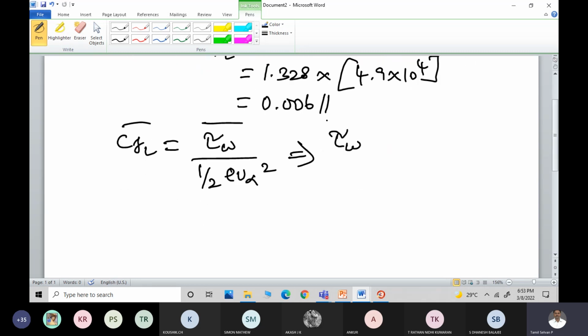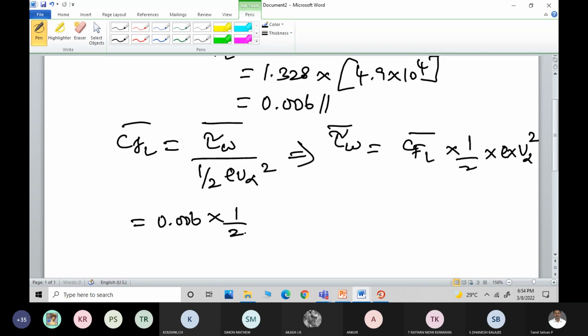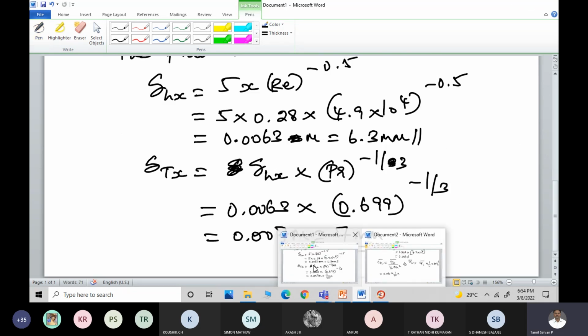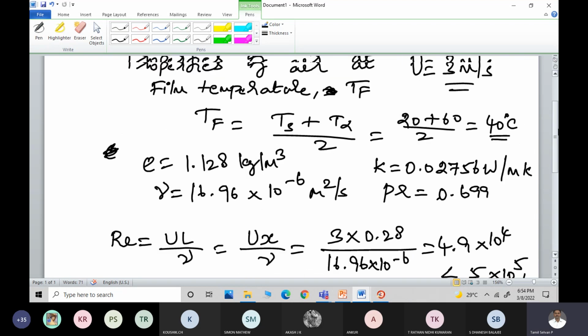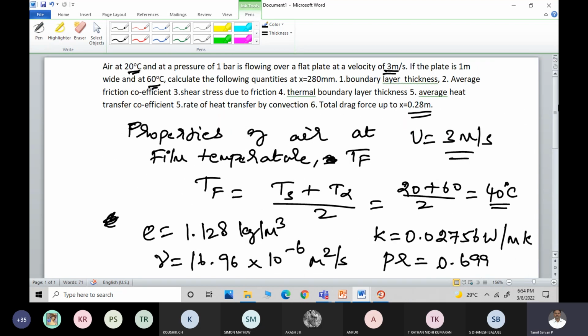So average shear stress tau W is equal to CFL bar into half into rho into u infinity squared. So 0.006 into half into density. We found the density from the data book, and velocity is 3 meters per second.